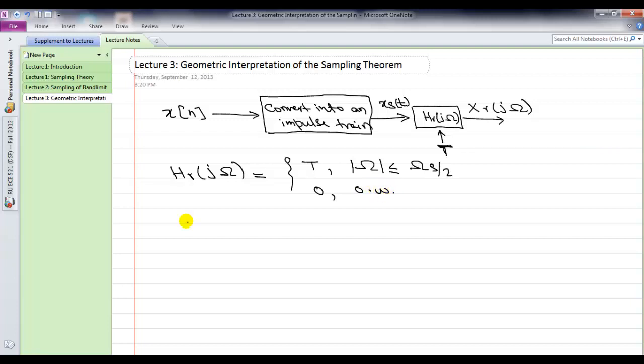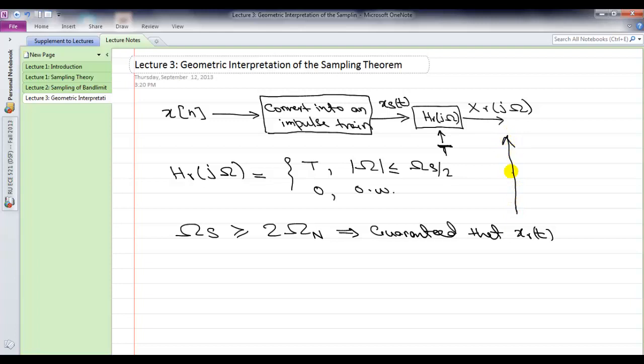What we argued in the sampling theorem was that if indeed the input signal that gave rise to these samples was band limited, and omega s is greater than or equal to twice the bandwidth, then guaranteed that the signal xr(t), which corresponds to the inverse Fourier transform of Xr(j omega), is equal to the input signal x of t. That is the essence of the sampling theorem, which we proved.